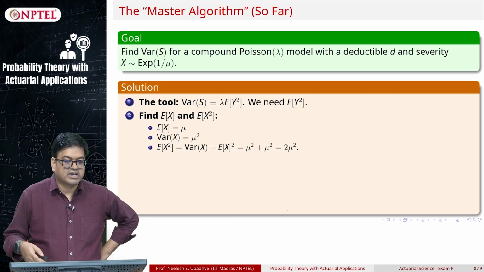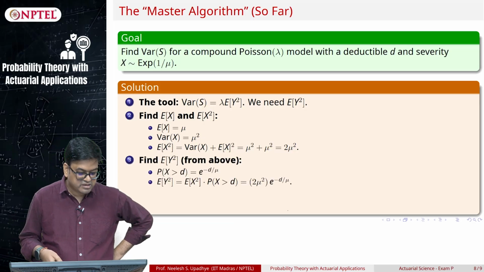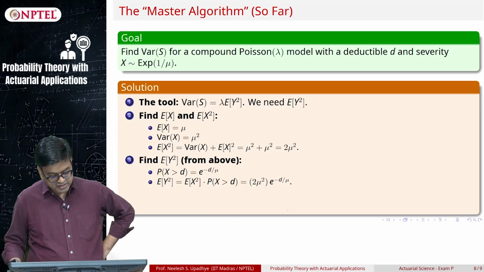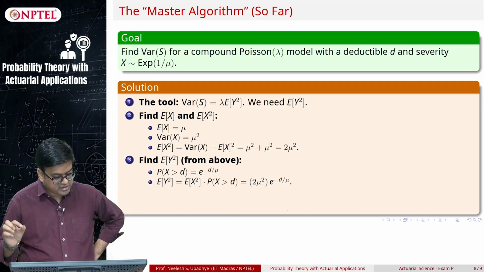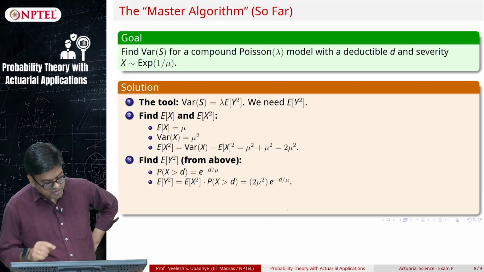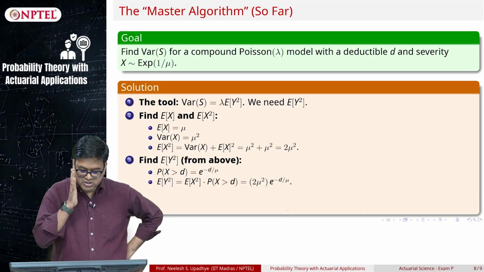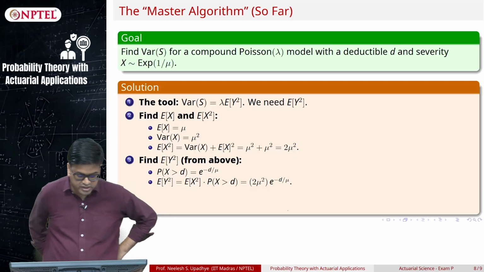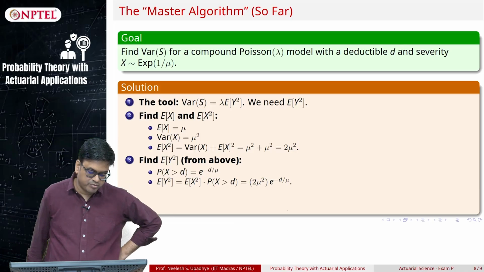And now, because I have this expected value of y squared, I will simply push this into the probability of x greater than d, which is e raised to minus d by mu, because this is exponential with mean mu. So, the rate is 1 by mu, and it is e raised to minus lambda d, where that lambda becomes 1 by mu.